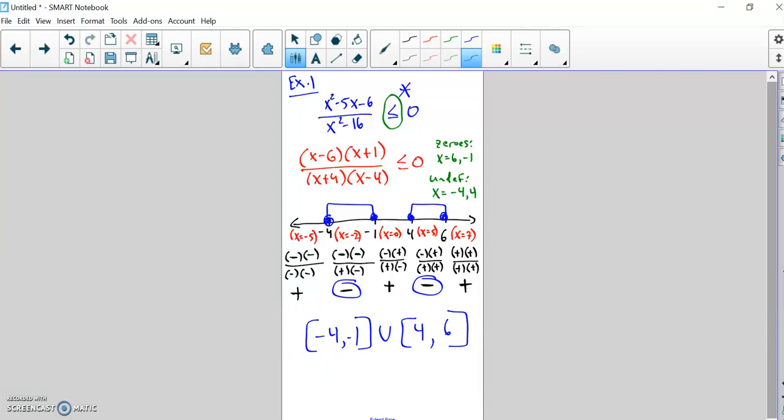Okay, so if we pick any numbers that are in those intervals and plug them in, we will get negative numbers on the left side of this inequality, so they will be less than or equal to 0. And then if I pick any numbers that are outside of these two intervals, I will get a positive number when I evaluate the left side of the inequality, which would make the inequality false. Okay, I'll show you the second example in my next video.